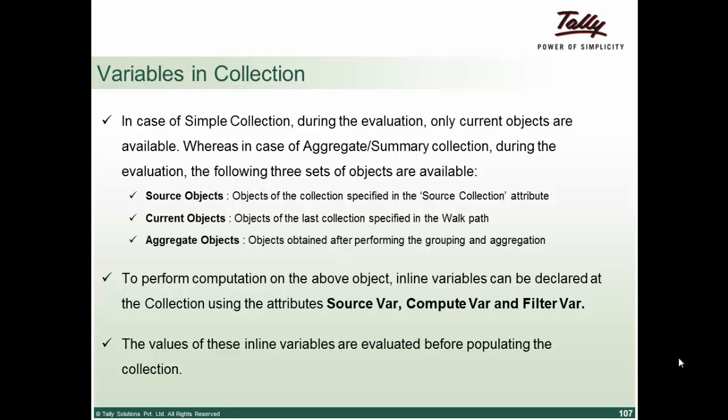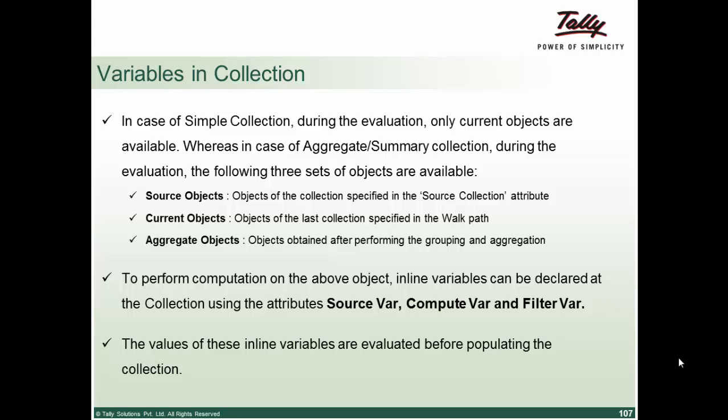Hence, inline variables have been introduced and can be declared at the collections, so that the variables help us to do these kinds of computations, for which three attributes have been introduced: sourceware, computeware and filterware. The values of these inline variables are evaluated before populating the collection. So before the collection is flushed onto your interface, these variables perform their computation within the collection.